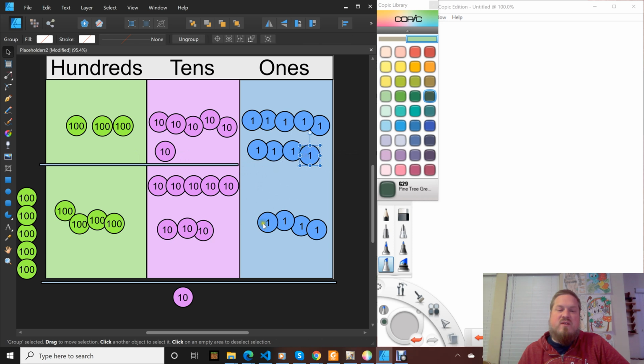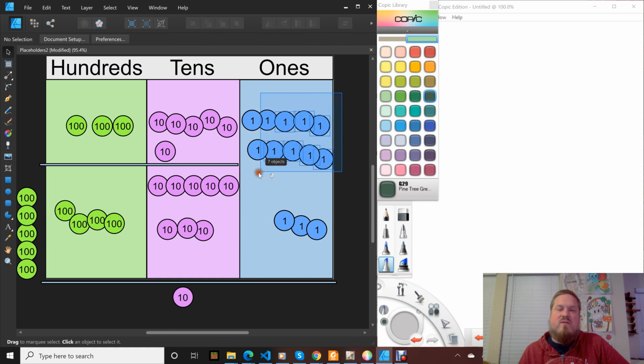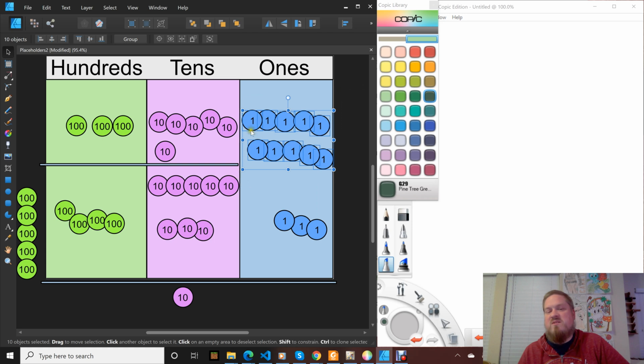You can see that if we take these up here, we have 1, 2, 3, 4, 5, 6, 7, 8, 9, 10. We have 1 ten and 3 ones. Kind of like we do in trading in poker chips and Star Realms.